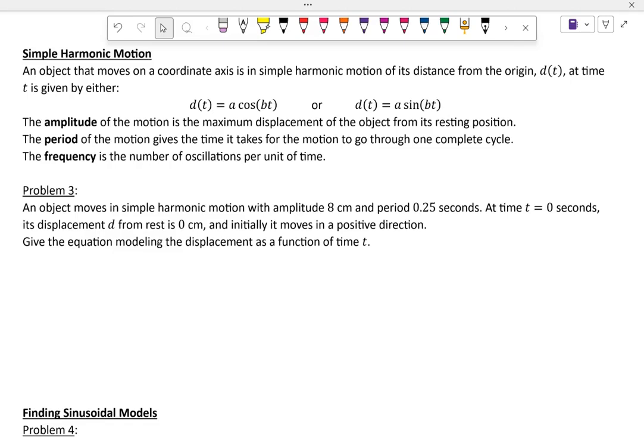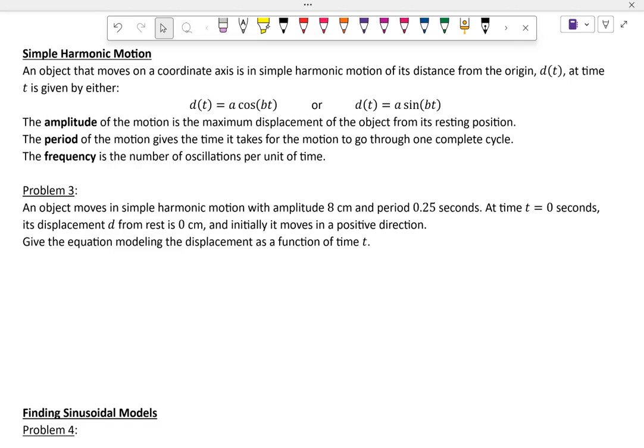So in simple harmonic motion, notice all we have is A and B. What are the two letters we don't have in these equations? What does C represent? The phase shift or horizontal shift. What is our D? The vertical shift, right? So simple harmonic motion has no shifts, just dilations, stretching vertically and horizontally.